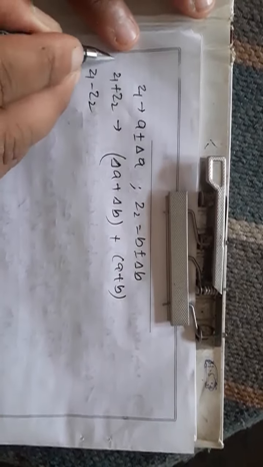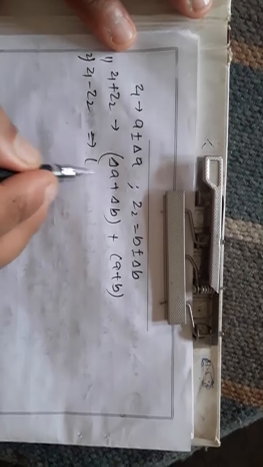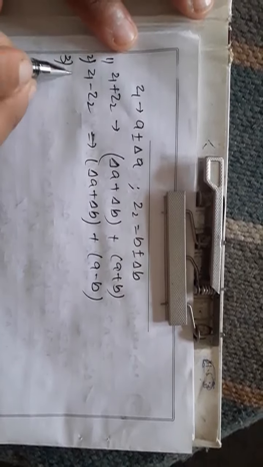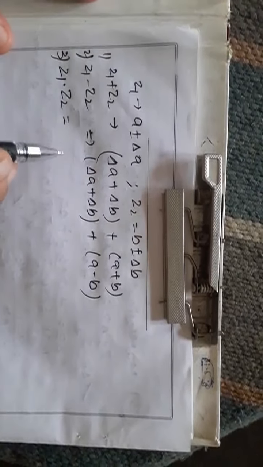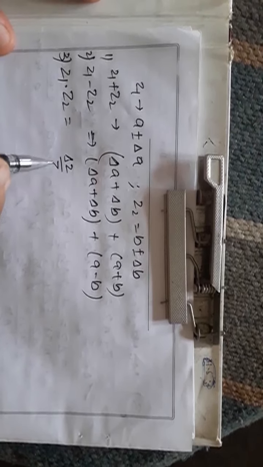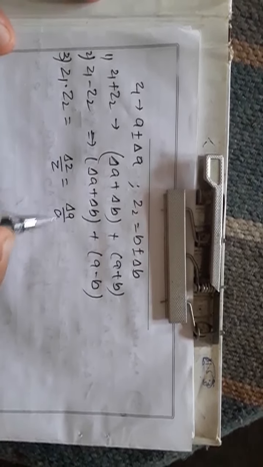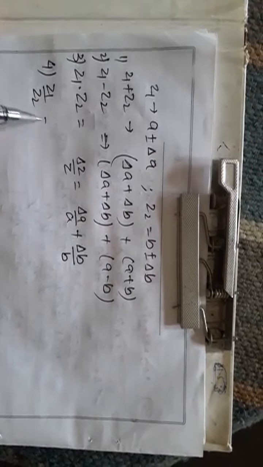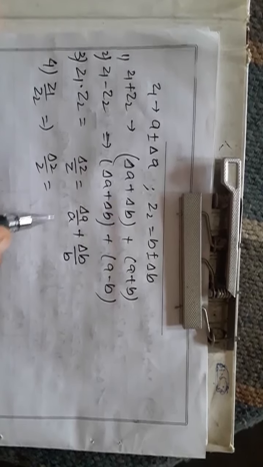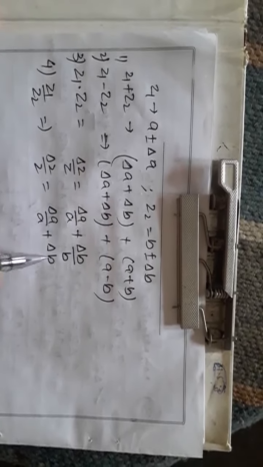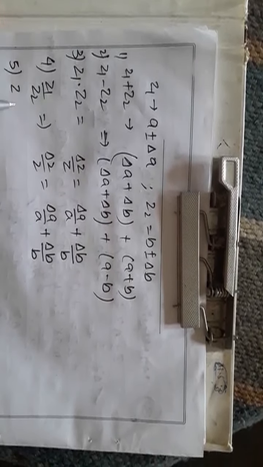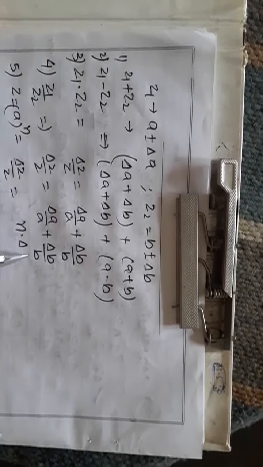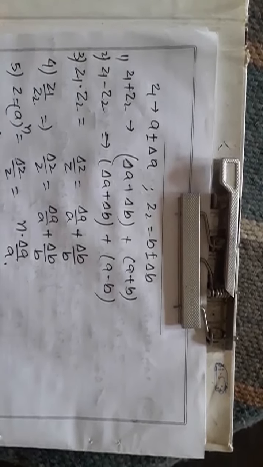If I take the difference, this was the first result, second is, the error is again added but the true value gets subtracted. If you take the multiplication, then delta z by z is equal to delta a by a plus delta b by b. Fourth, if you divide two quantities, then again you get delta z by z equal to delta a by a plus delta b by b. And the fifth and last, if a quantity is raised to a power, then delta z by z is equal to n times delta a by a. So this is the answer.